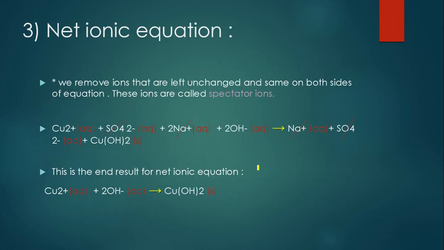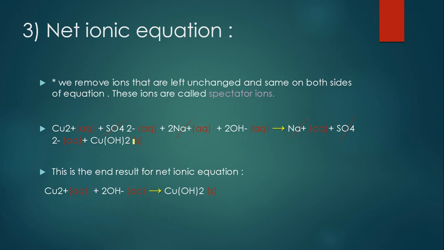The third and final step is the net ionic equation. Yes, finally. To write the net ionic equation, we have to remove the ions that are left unchanged and are the same on both sides of the equation. These ions are called spectator ions.